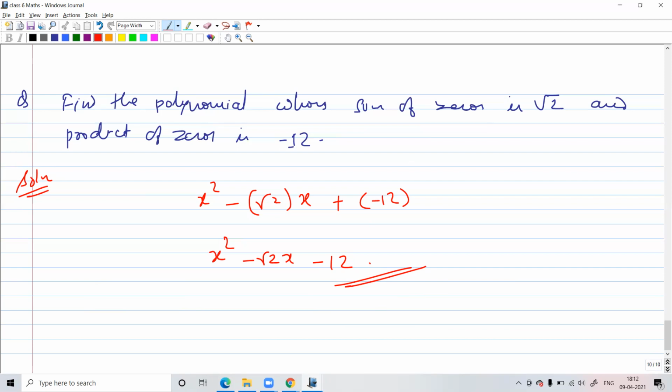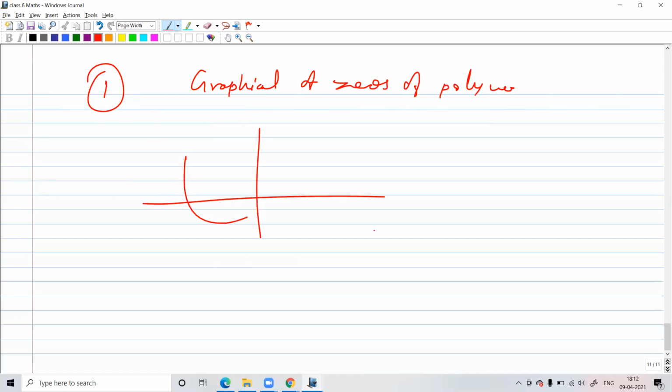Okay, so before you drop off, just give me 1 minute. I will give you a summary of what we have learned so far. As a first step, we learned the graphical meaning of zeros of a polynomial. If you have a graph like this, if it is crossing the x-axis 3 times, here, here, and here, that means it has 3 zeros, correct?